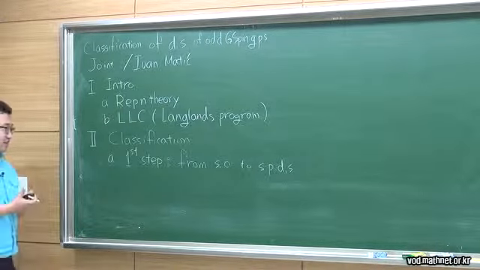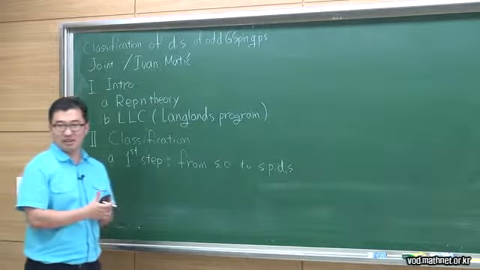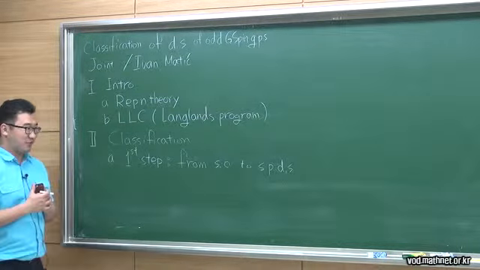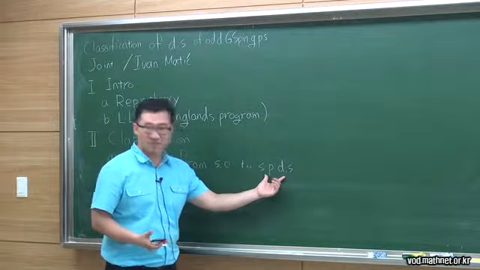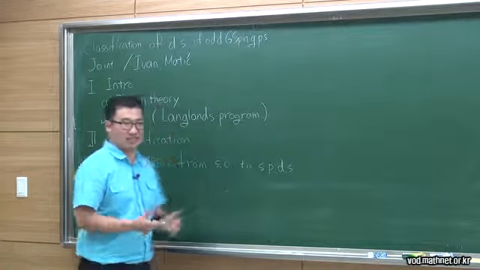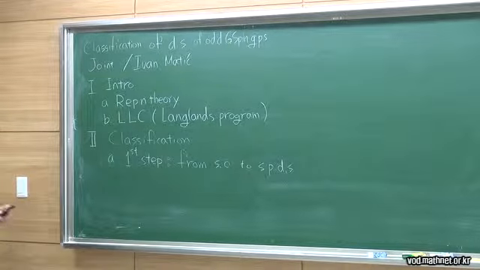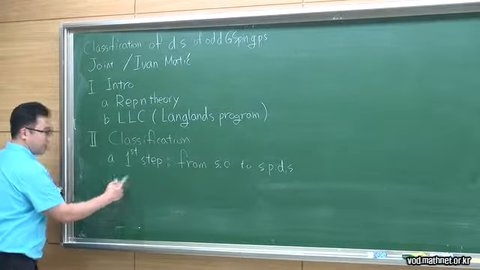If you remember the talk 2 years ago that I gave when I came here, I mentioned a little bit about the classification of strongly positive discrete series representations. Maybe because I don't have enough time, I might just focus on the second step.